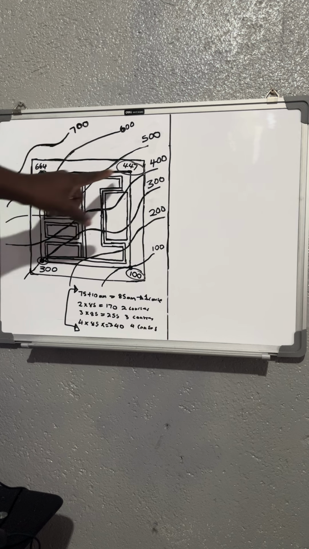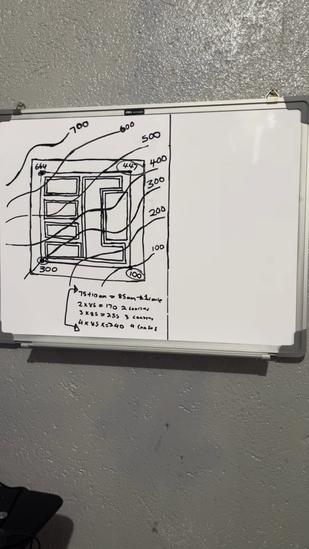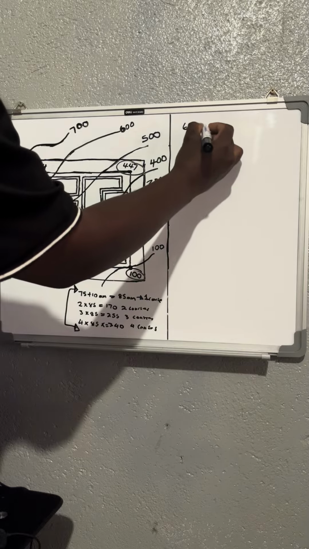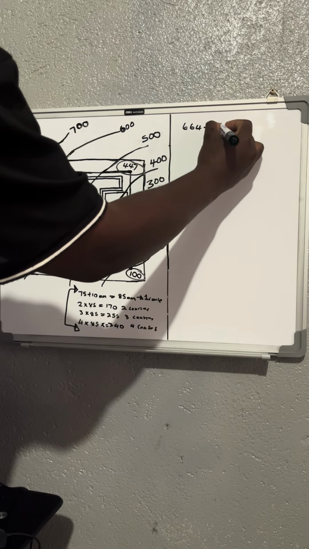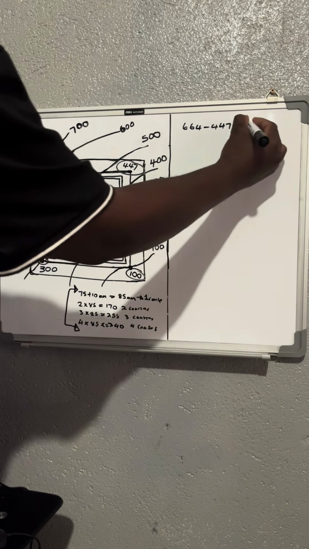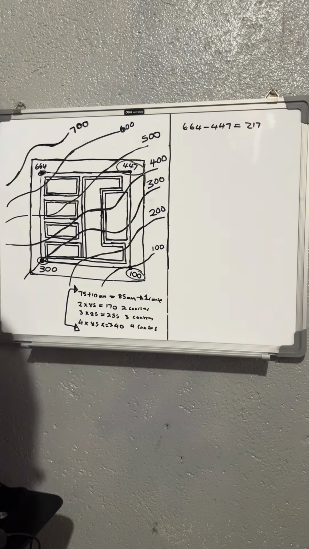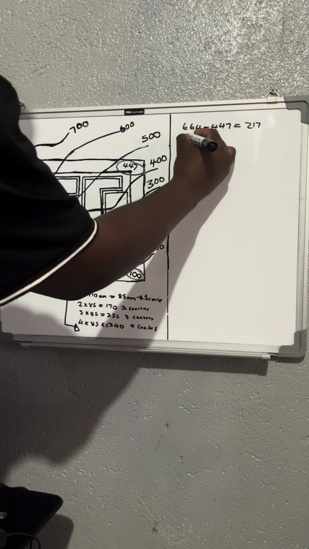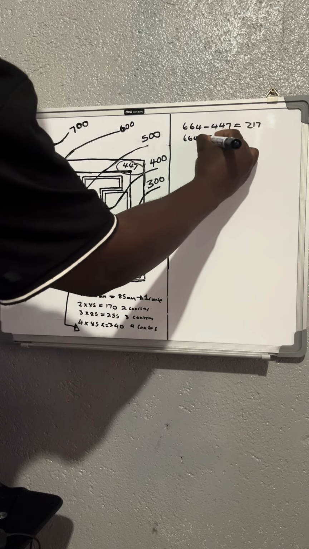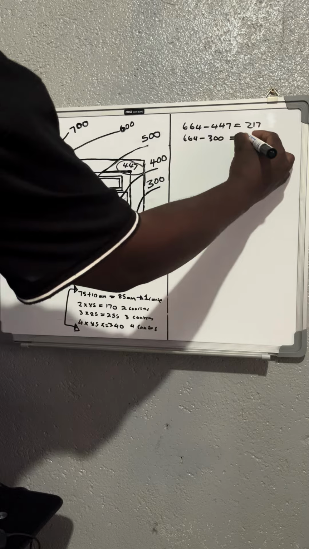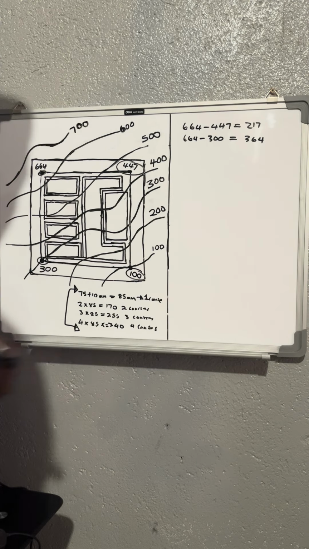So now I'm going to start with the actual calculation. We will have this one minus that one. We have 664 minus 447, which gives us 217. Then for this side, 664 minus 300, we get 364.